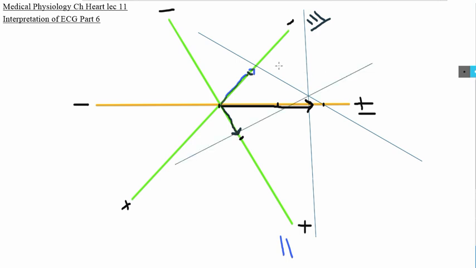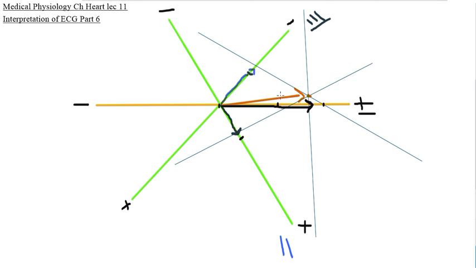Now I have drawn the three perpendiculars on the arrowheads of the resultant vectors that we obtained from the given electrocardiography, and as you can see, all these are meeting at this point. So this point, the meeting point of all the perpendiculars of the three leads, is the resultant QRS vector. So this is the direction that we obtained of the QRS vector.